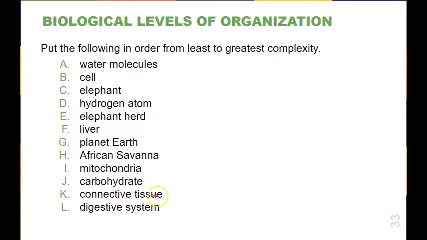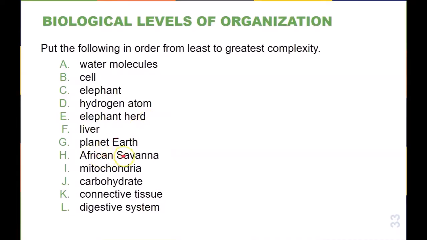Next is a connective tissue, so that is one type of tissue. And then the liver is an organ, not a tissue. Next is digestive system, and then elephant, organism, right? E is next, so it's a herd, so it's the same species, that's a population. Elephant herd is population.